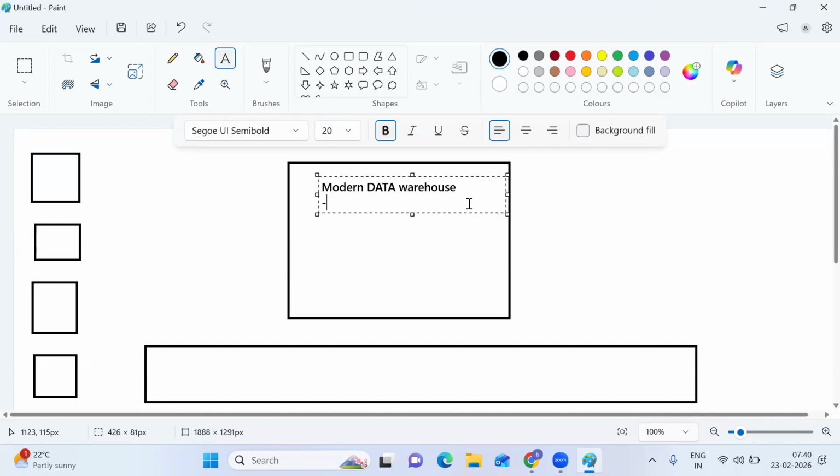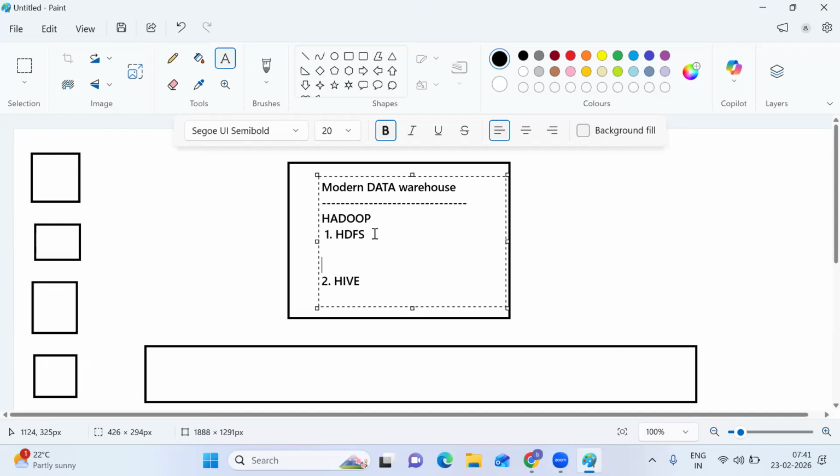So here, first in 2011, Hadoop came into the picture. Within this, the storage is HDFS, Hadoop Distributed File System. For processing the data, they have Spark here, and their warehouse is Hive.